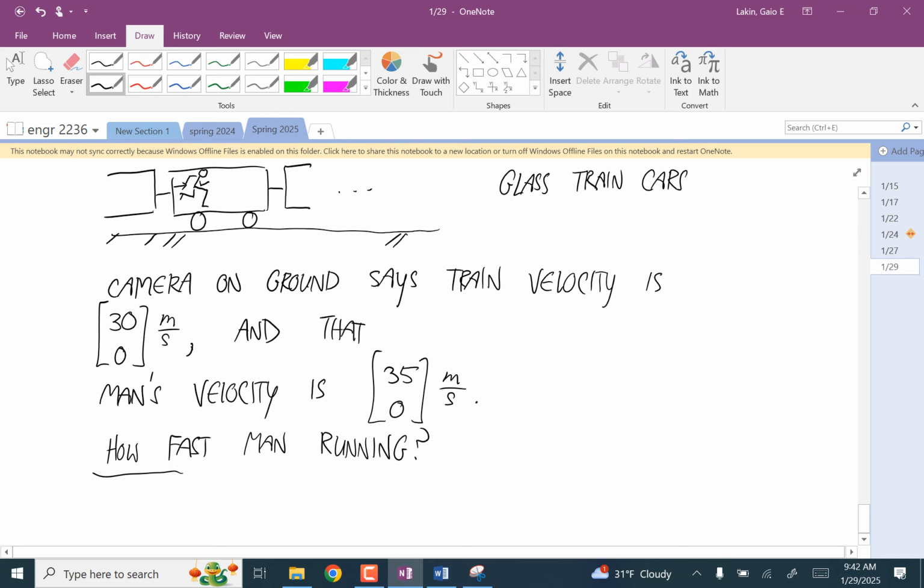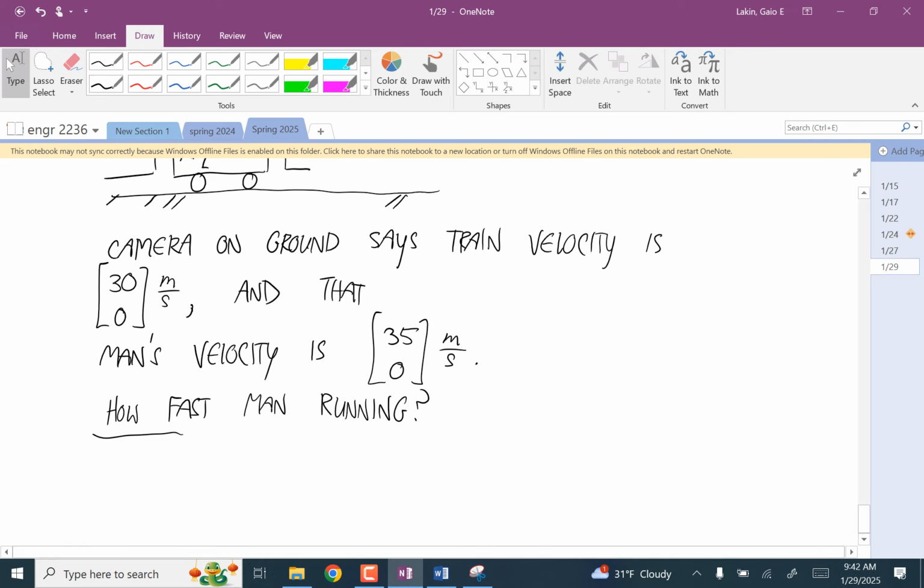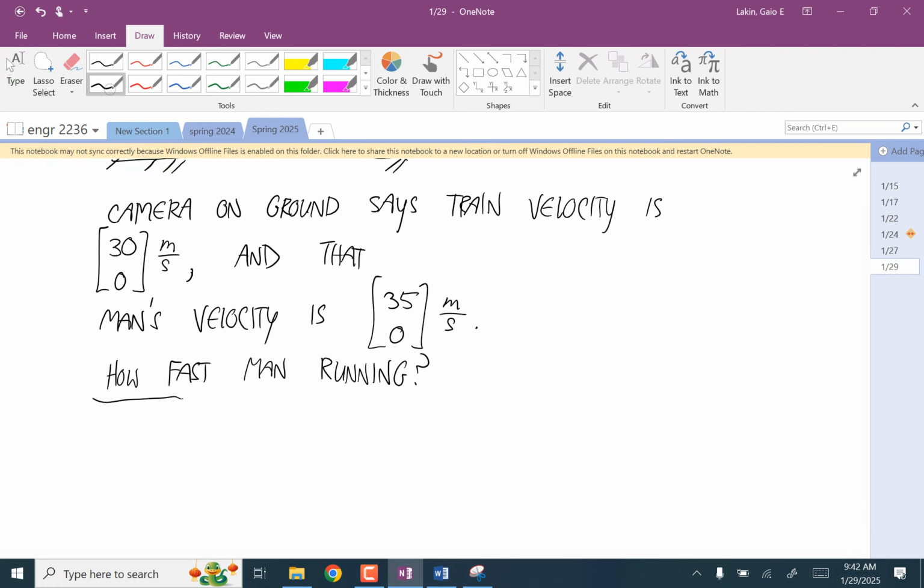Okay, so this one I think you can probably just do in your head because it's just the difference between those. But to do it with this relative velocities approach, we would say that the velocity of the train relative to the ground is 30, 0.